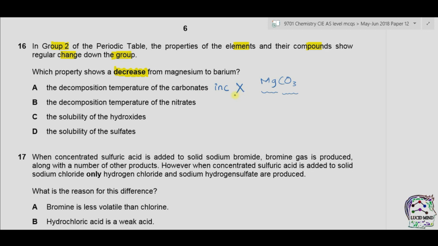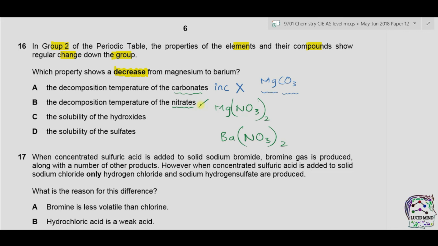B is the decomposition temperature of the nitrates. It is similar to carbonates because in nitrates also cations and anions are present and the size of anion is quite large. So from magnesium nitrate to barium nitrate, the decomposition temperature will increase. This is because size of cation increases and polarizing power of cation decreases.